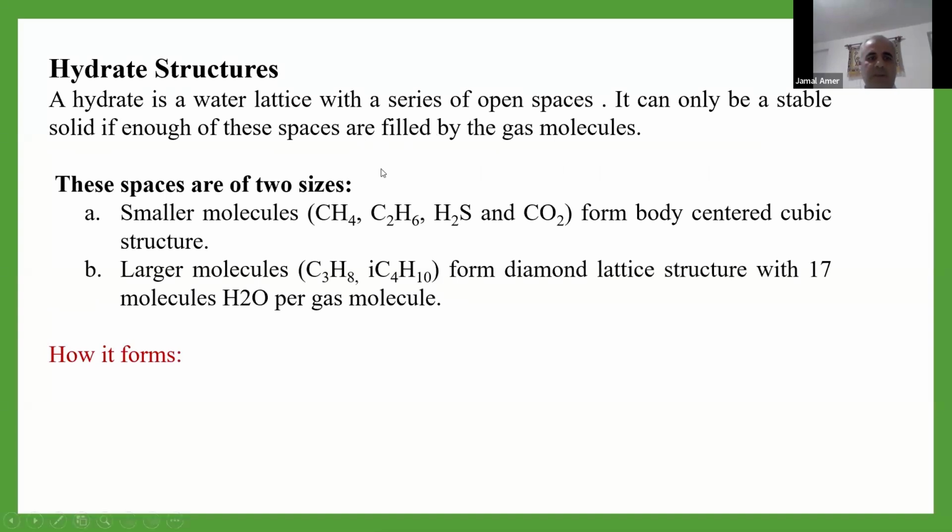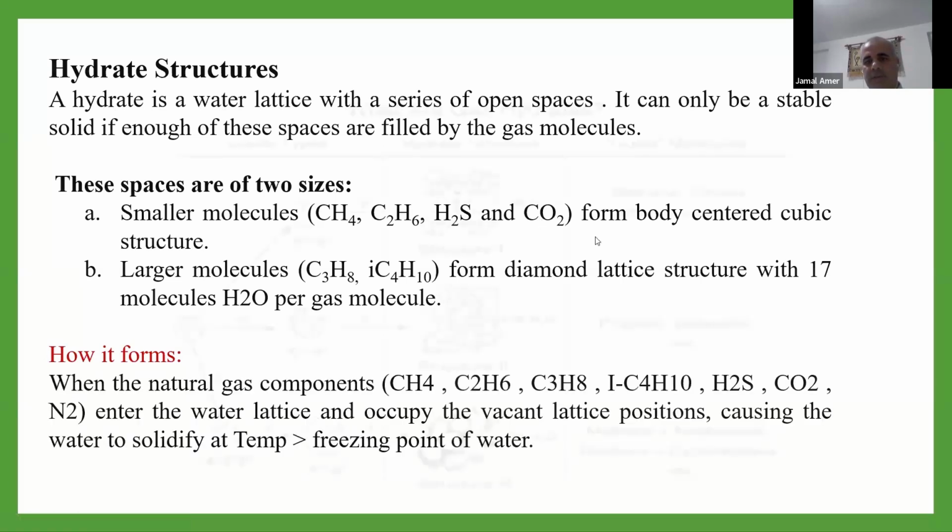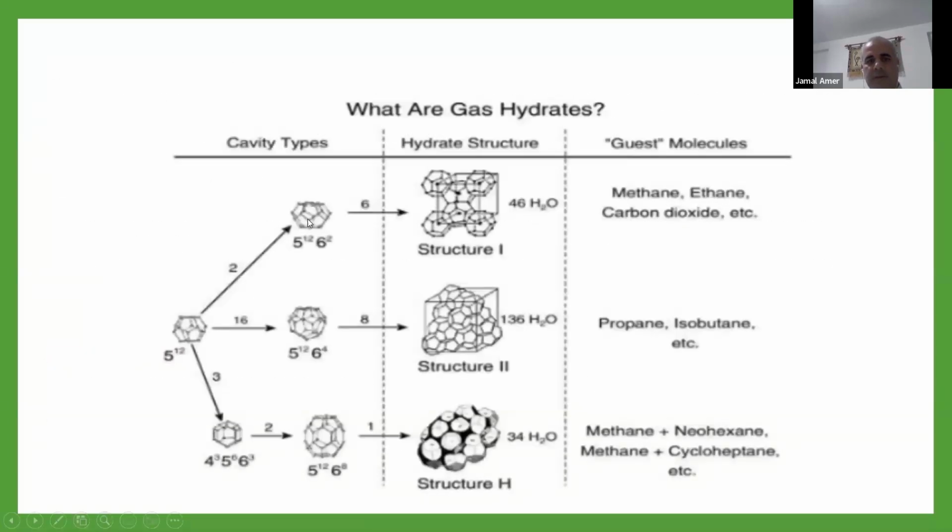So we have different structures. Hydrate is a water lattice with a series of open spaces. As we see here, structure 1, structure 2, structure H. So here for methane, ethane, carbon dioxide with water, this is the shape of the hydrate structure.